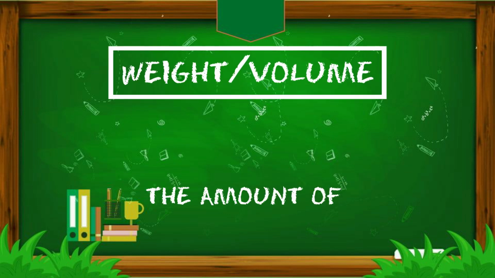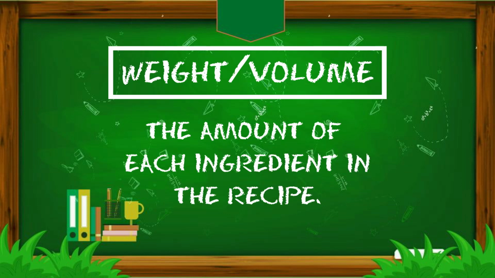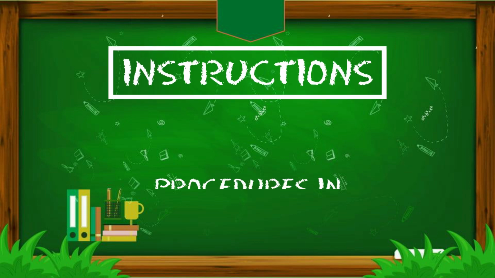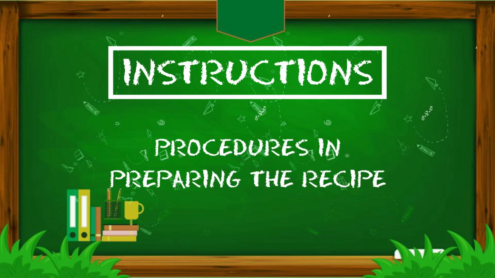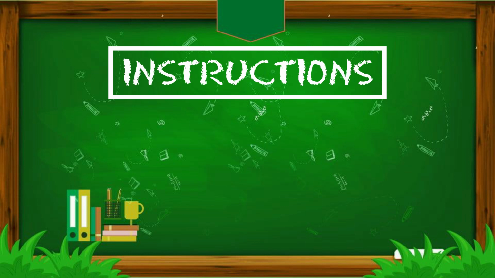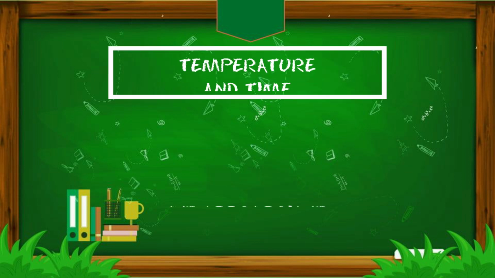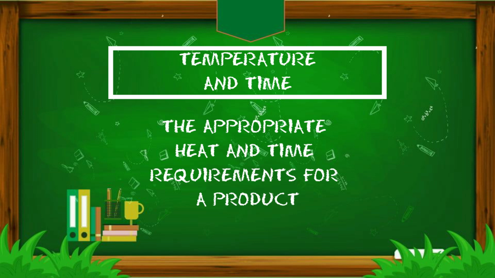Next one is the weight or the volume, the amount of each ingredient in the recipe. Next is the instructions or the procedures in preparing the recipe. Last part is the temperature and time. This is the appropriate heat and time requirement for a product.